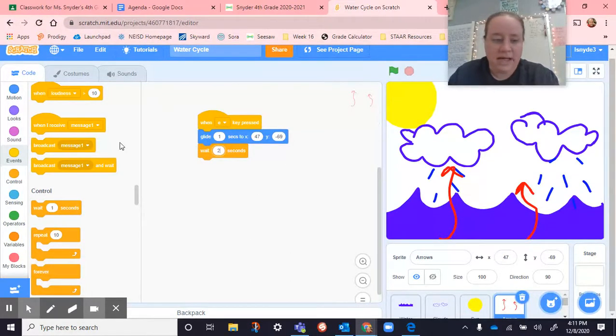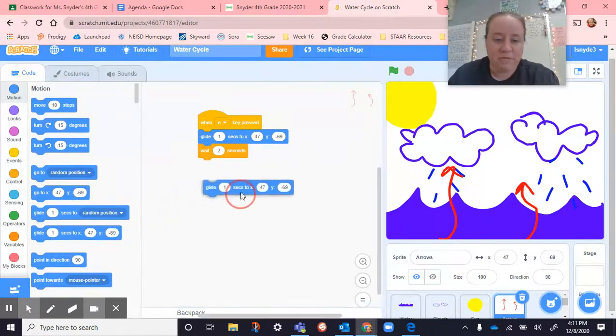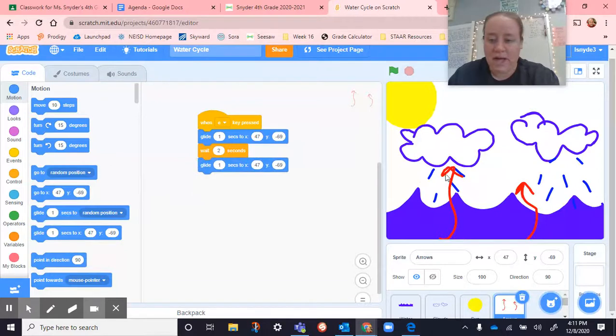And then I'm going to go back to motion. And I'm going to have them glide back where I want them to start, which is right here. And that x-axis right here is 47 and negative 169.